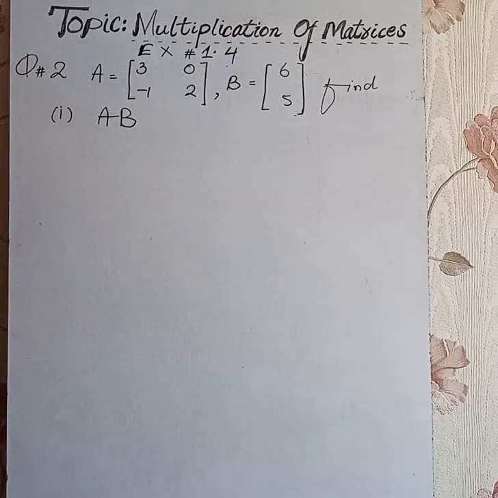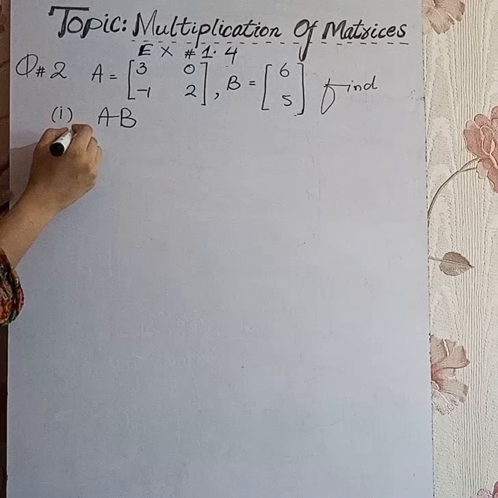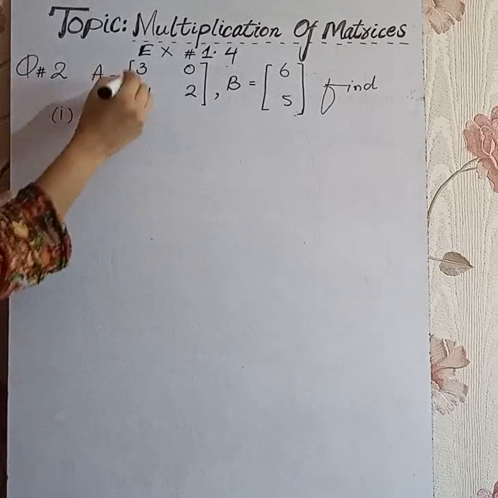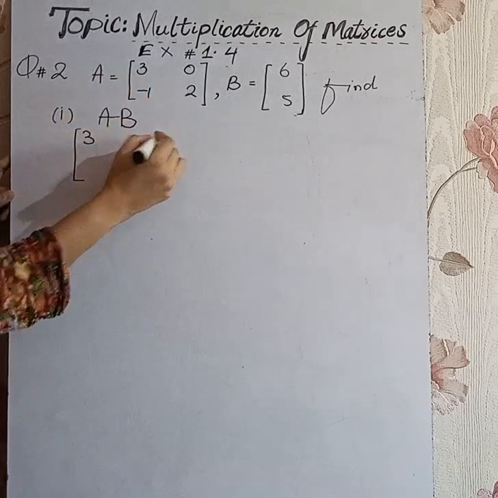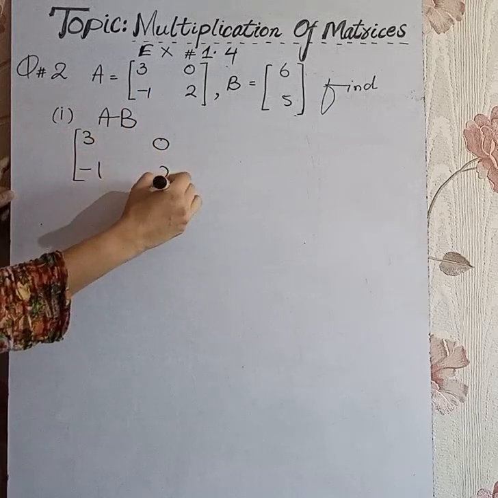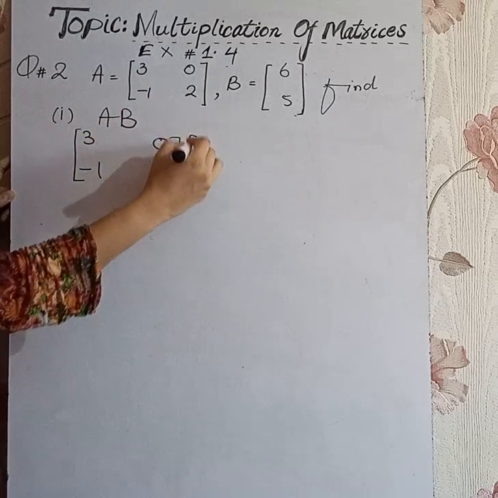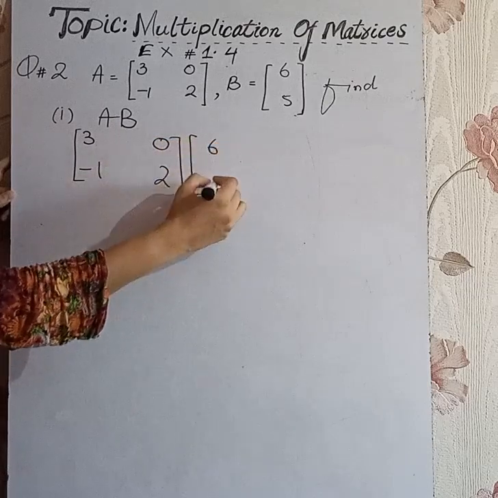A multiplied by B. I just write it over here. A is [3, 0; -1, 2] and B is [6; 5].